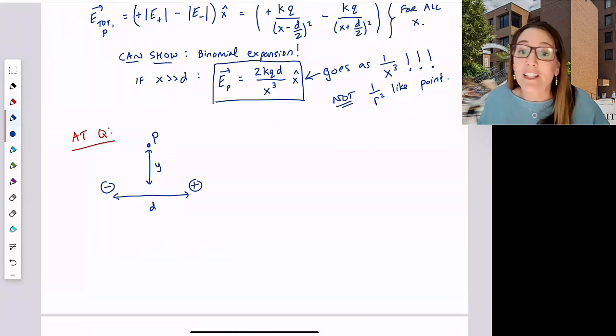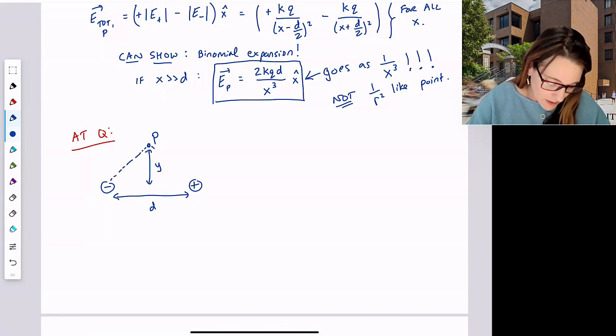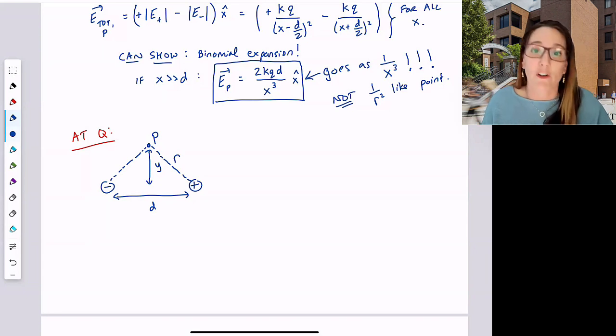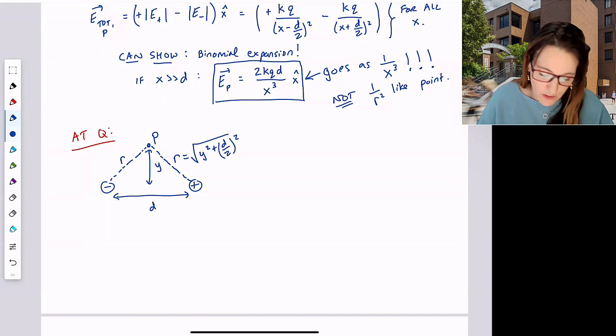Now it gets a little bit messier because I have to visualize the distance between these. I'll just call this for now a distance r, and my distance r for both of these is simply going to be the square root of y squared plus (d over 2) quantity squared.